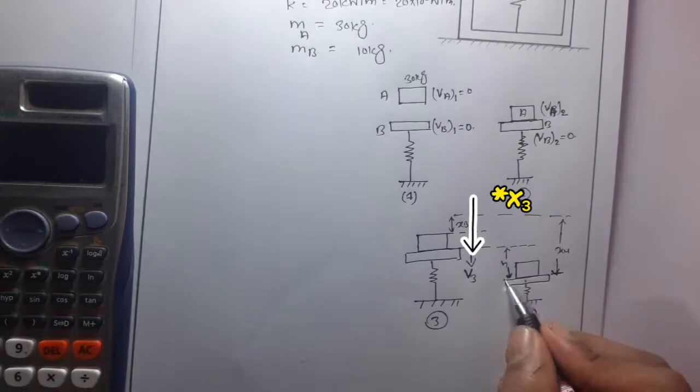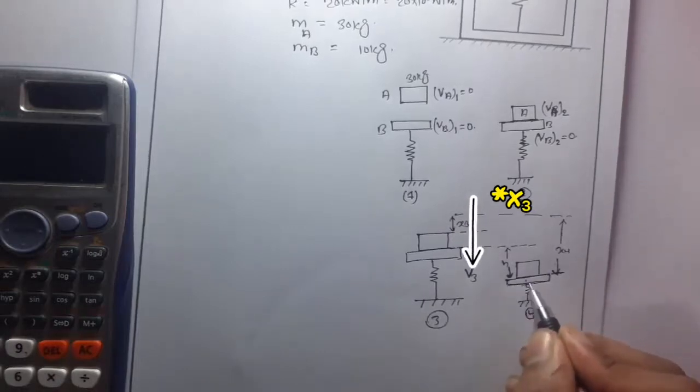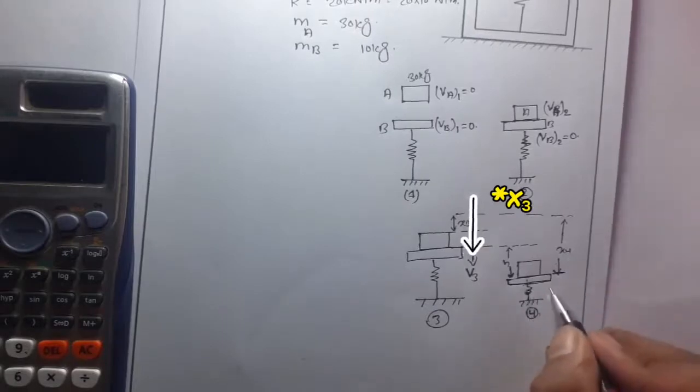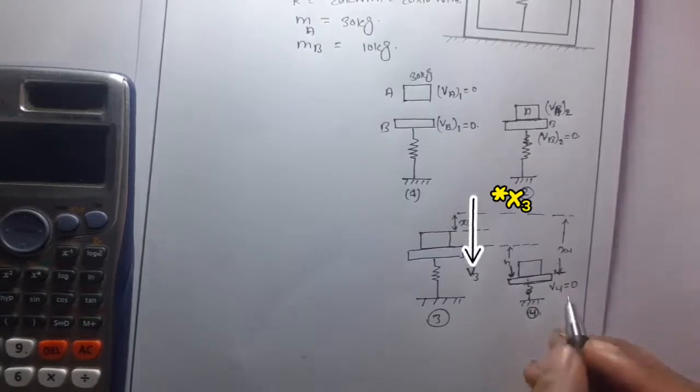After maximum deflection, that is x4, the velocity of the block is 0, so v4 is 0.